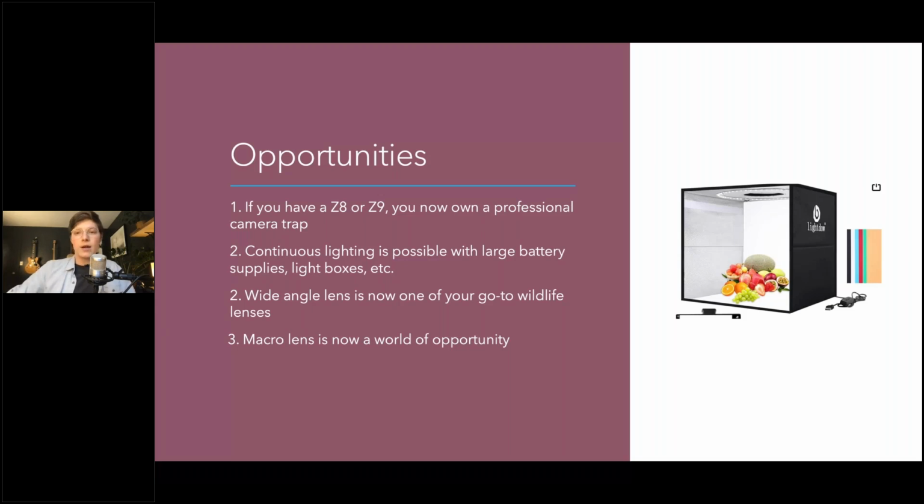And that's the box that I was using for a lot of those macro shots. I would bait the trap with a couple peanuts and the animal would come in, eat that peanut, and then be in the exact right position for both the lighting and the camera to trigger. So that's one way if you go continuous lighting to be able to have a great lighting setup if you're doing that kind of macro photography approach.